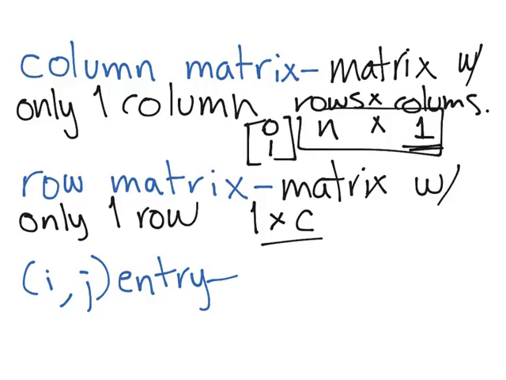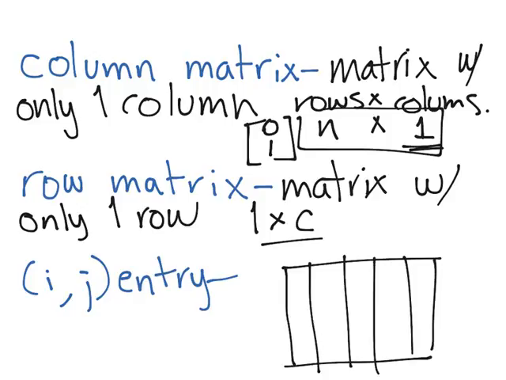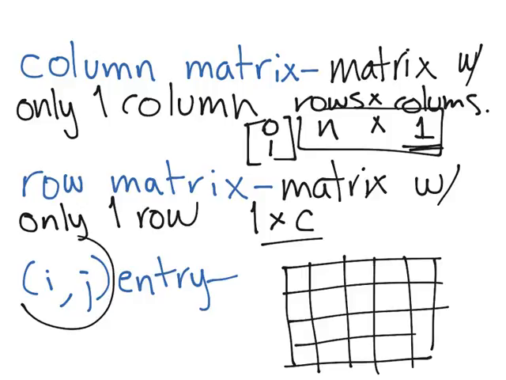Now let's see how you refer to the different entries in a matrix. You can almost think of a matrix as a coordinate grid. So you have this right here, and if you get the ij entry, this means that it's in row i, column j.